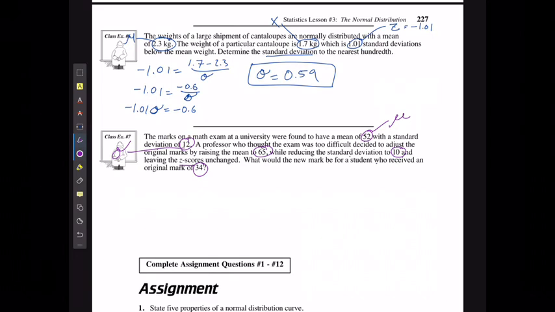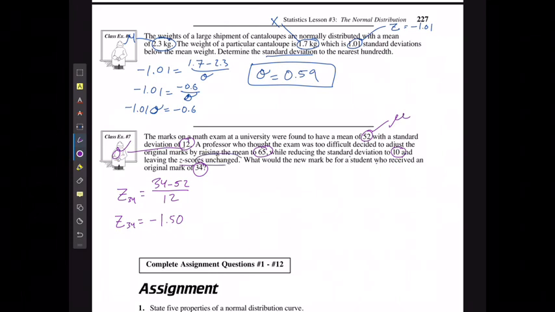Well, first, we need to solve what the z-score was for his mark originally. So the z-score at 34 was equal to 34 minus 52 divided by 12. His original z-score was negative 1.50.